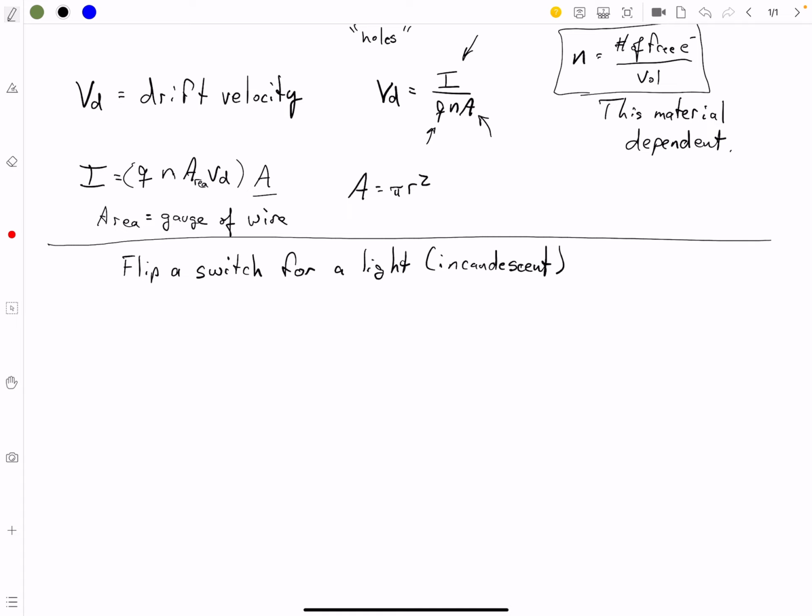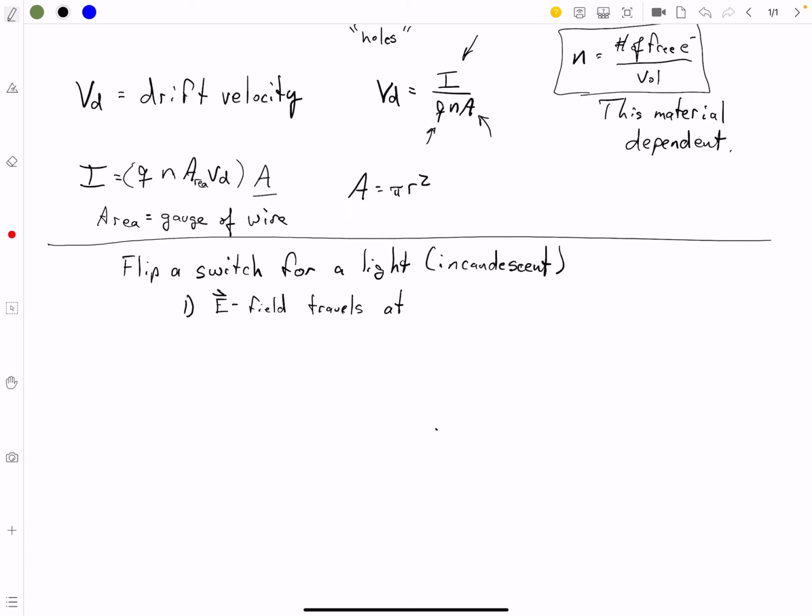So why does that happen? Well, we have a few reasons. The E field starts when we flip the switch, it goes down the wire, and it pretty much travels at the speed of light in the conductor. Okay, so that would be copper.